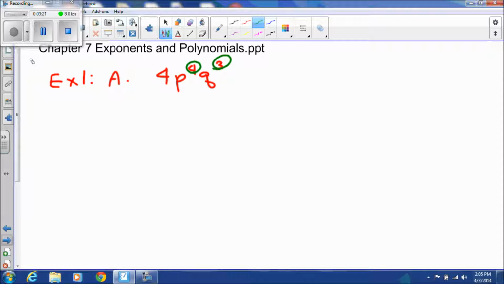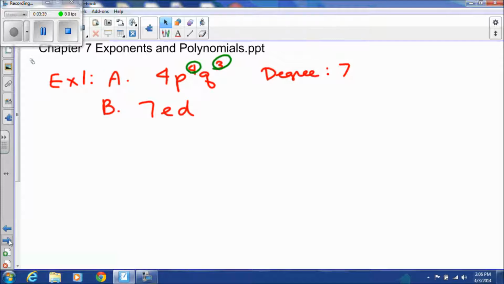We're adding the exponents, so the degree is 7. 4 plus 3, which is 7. In this example, 7ed, we know that e has an exponent of 1 and d has an exponent of 1. So the degree of the monomial 7ed would be 1 plus 1 equals 2.